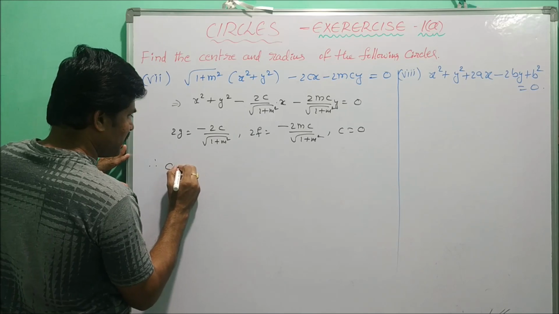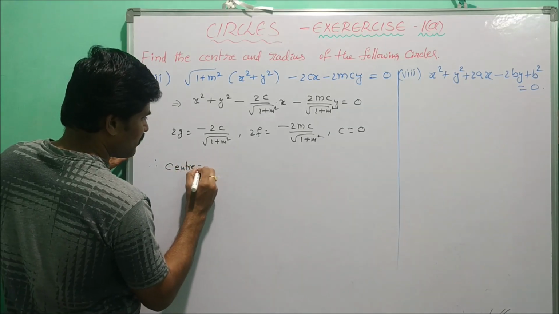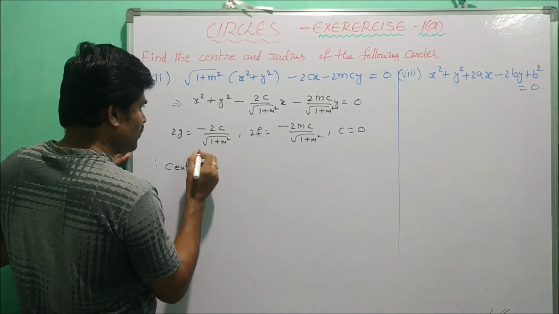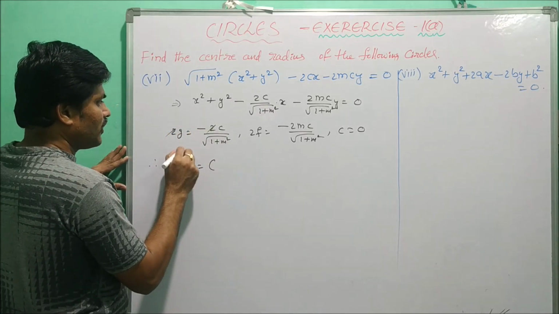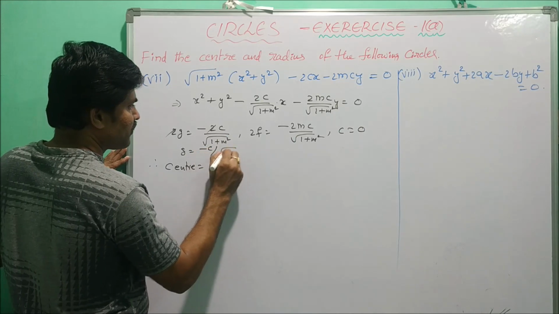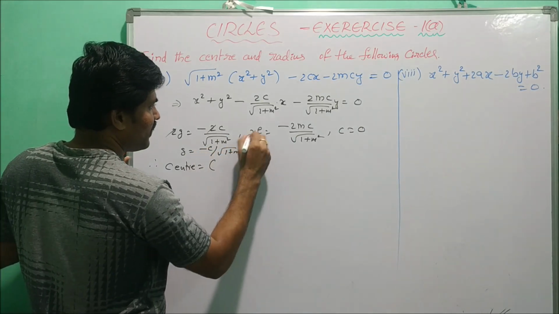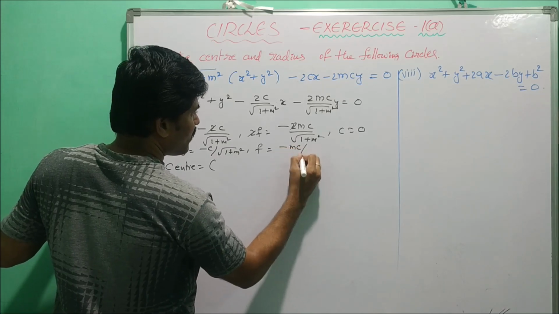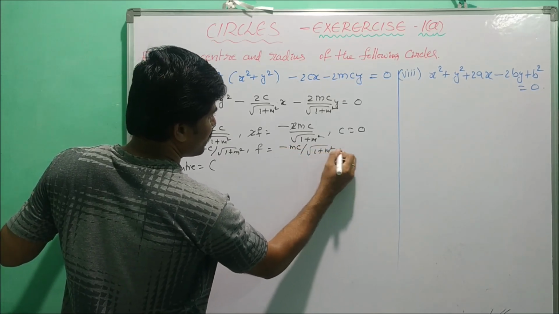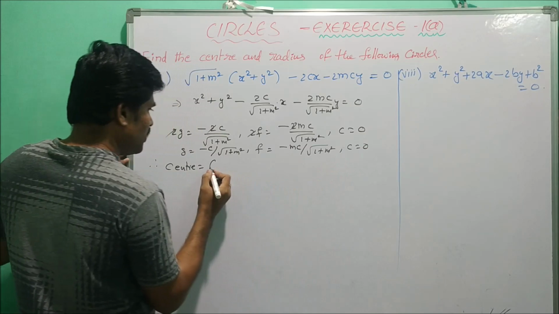Now center of the circle equals to minus g, minus f. First of all here cancel with 2. That is g equals to minus c by square root 1 plus m square. In this 2 cancel on both sides. F equals to minus mc by square root 1 plus m square. C equals 0.